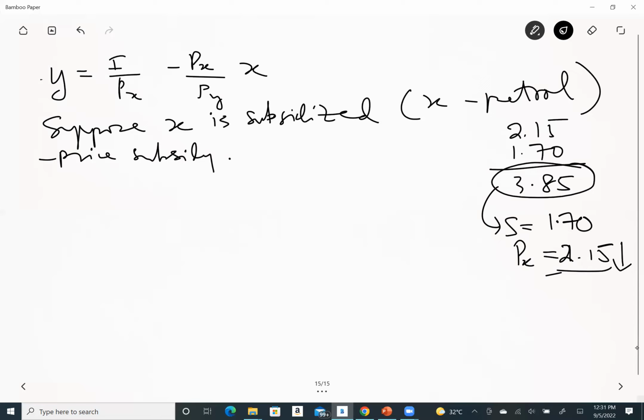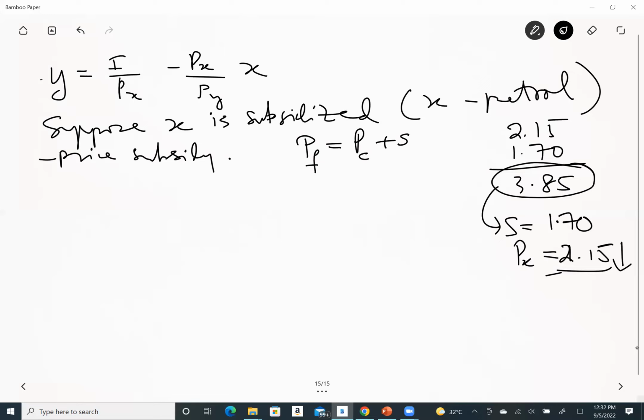So suppose X is subsidized, that is the price subsidy. Now, the subsidy is just the opposite of tax. So the subsidy is equal to what? The price the firm gets is equal to the price the consumers pay, PC, consumers' price, not competitive price, plus the subsidy.